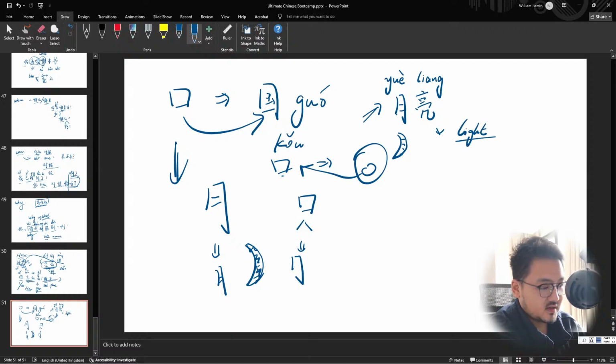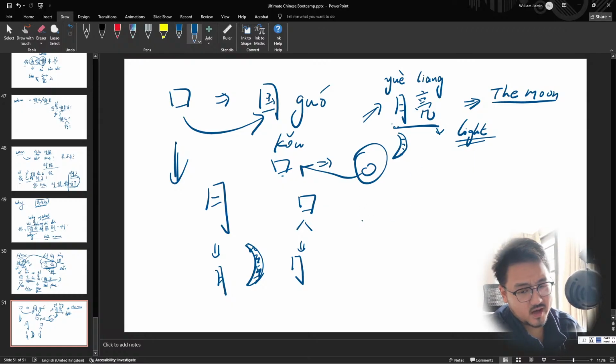So that means the moon gives us light, but it's not actually giving light, it's a reflective light. But you use that in combination, the moon and giving us light, so that also means the moon. So that's a more natural way of saying this.